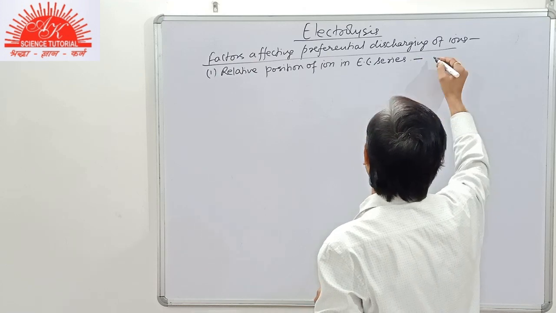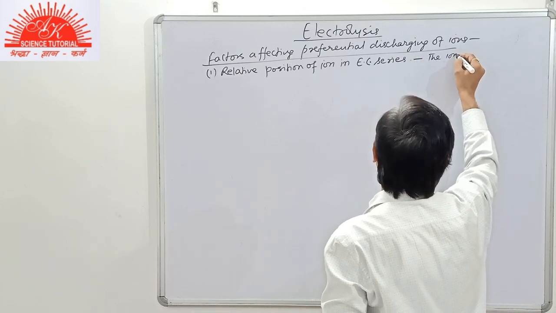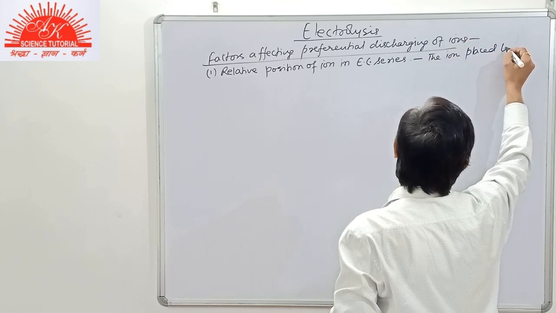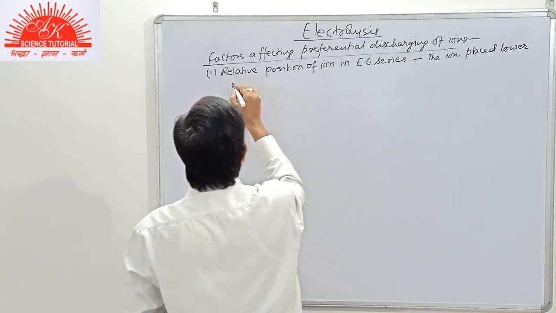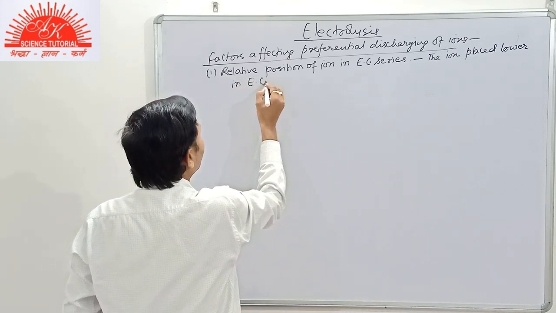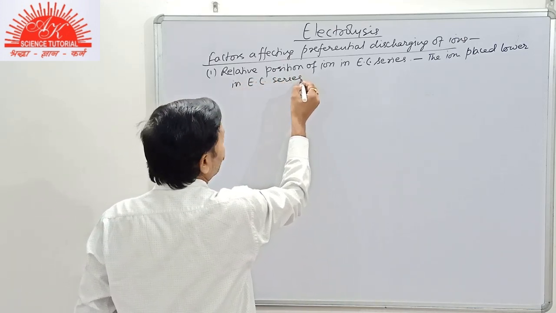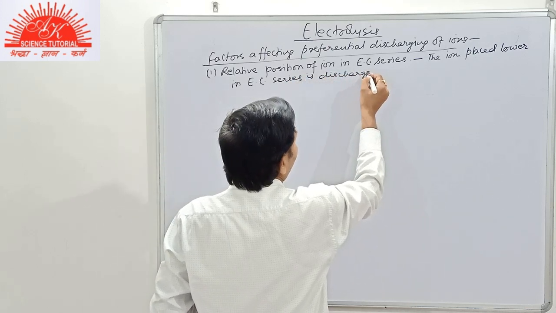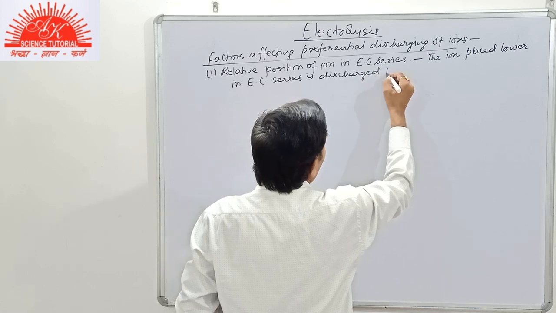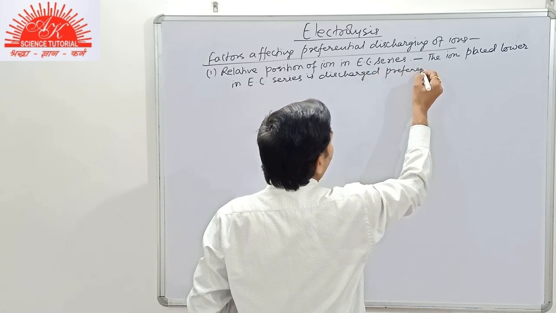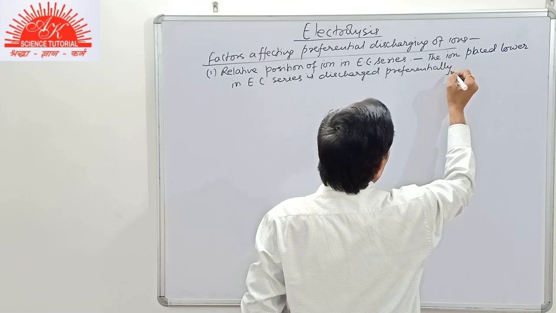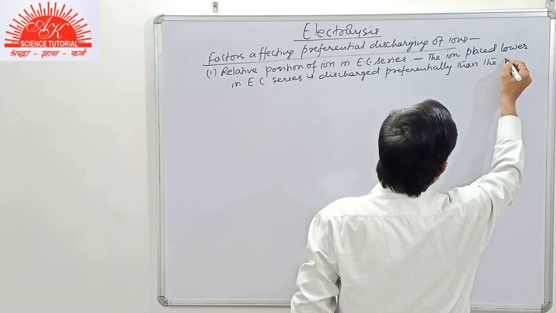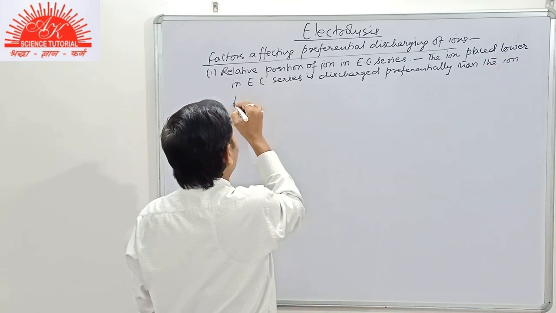It says that the ion placed lower in the electrochemical series is discharged preferentially than the ion placed above it.